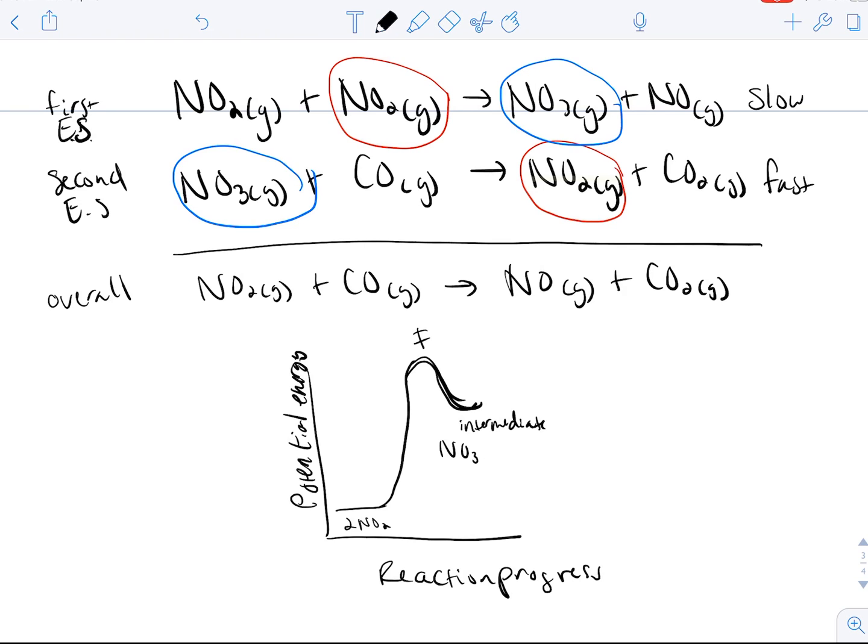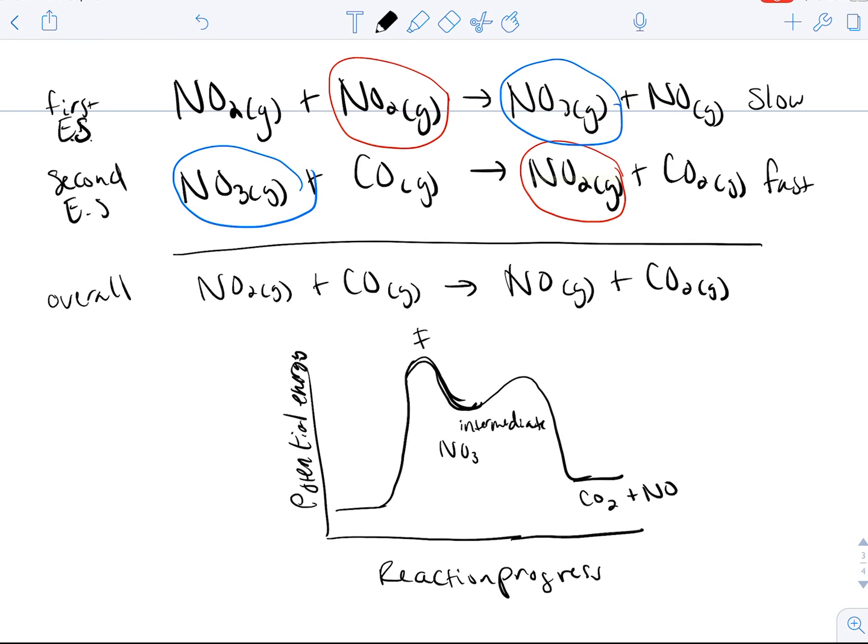Okay? And then we have a second activation energy, and then we produce our products, which are going to be CO2 and NO. Actually, let's do our actual reactants here.